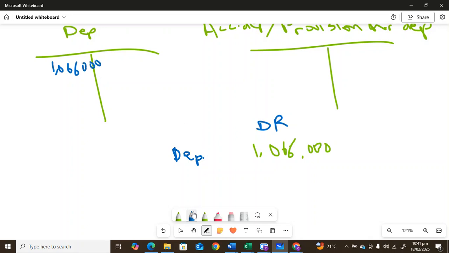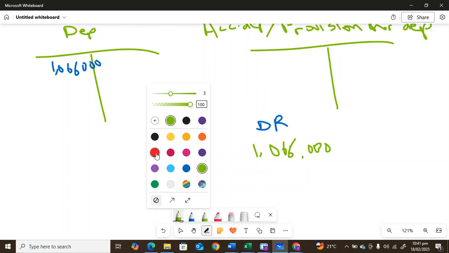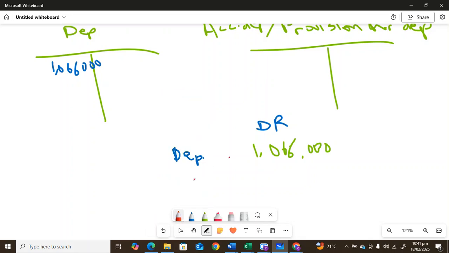Then you're going to credit accumulated depreciation, also called provision for depreciation.